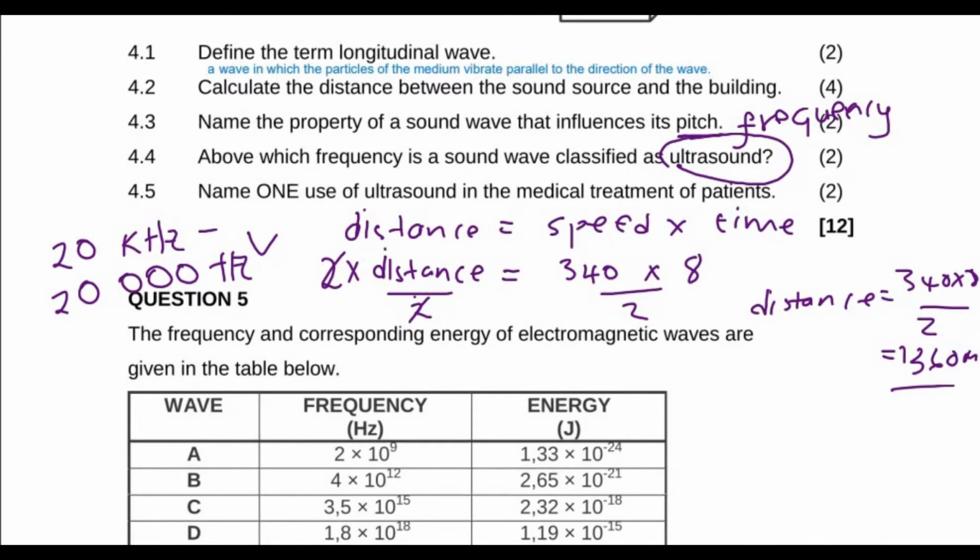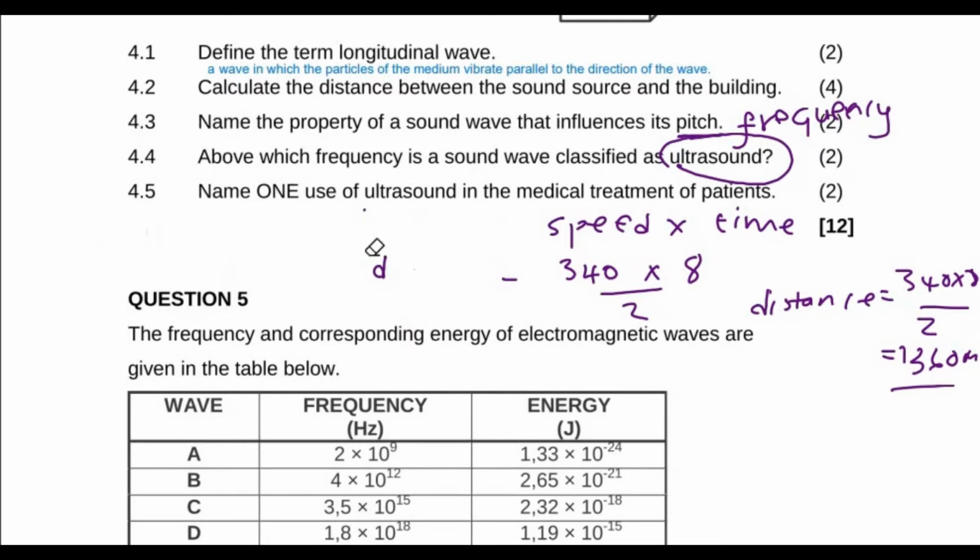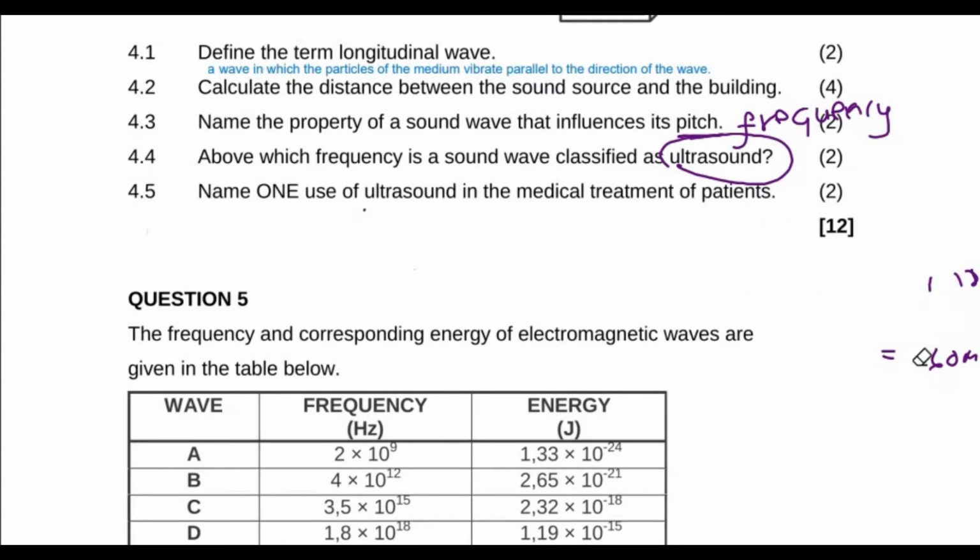Name one use of ultrasound in the medical treatment of patients. You can say to examine the progress of an unborn child during pregnancy. It can also be used for physical therapy or to sometimes diagnose, because we are able to form an image of the internal structures in the human body using ultrasound.